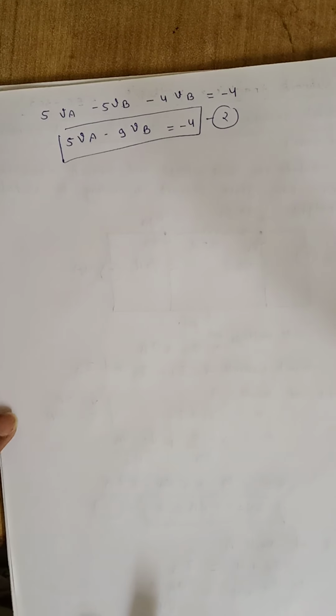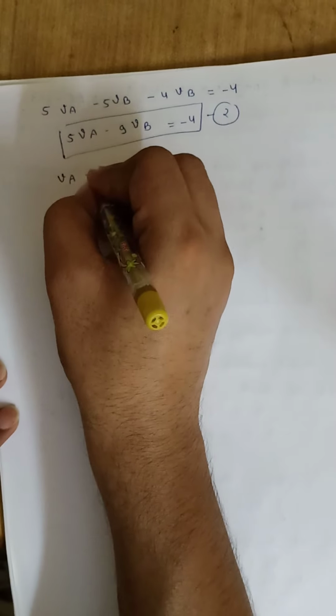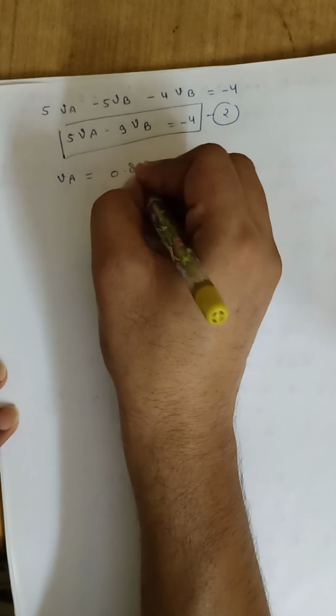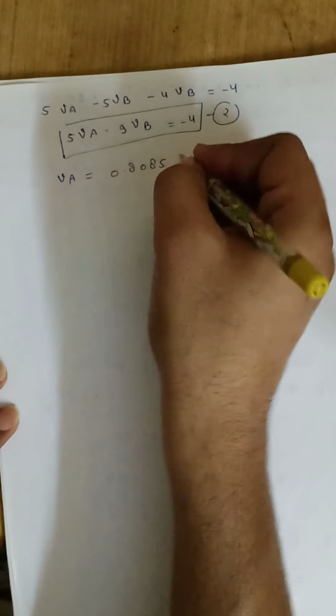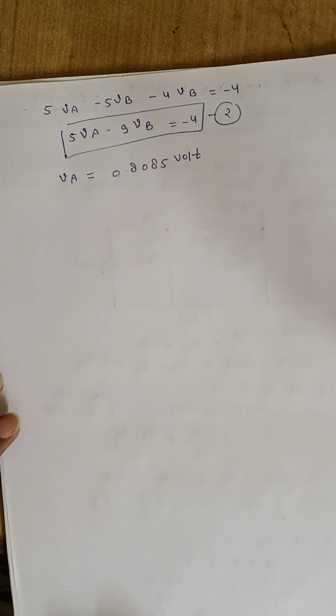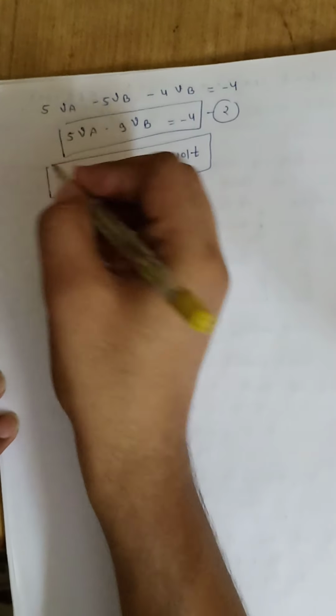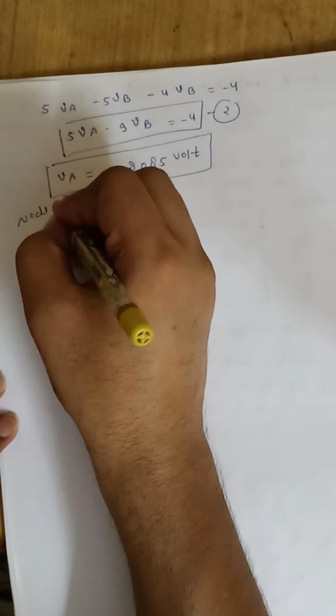After solving the first and second equations, we have a value of VA equal to 0.8085 volt. This is the potential at node A, or the first node voltage VA.